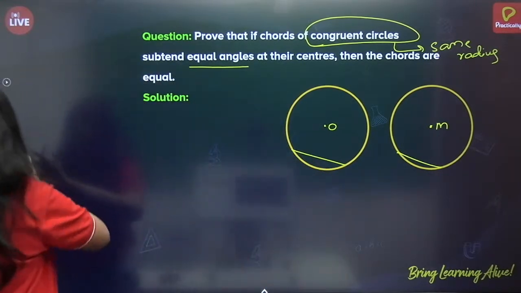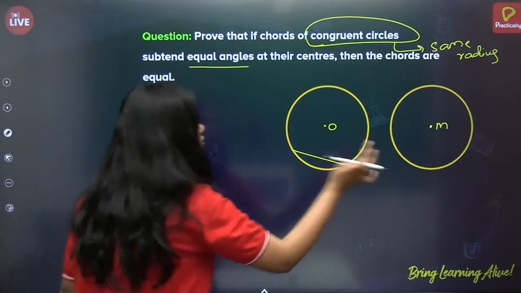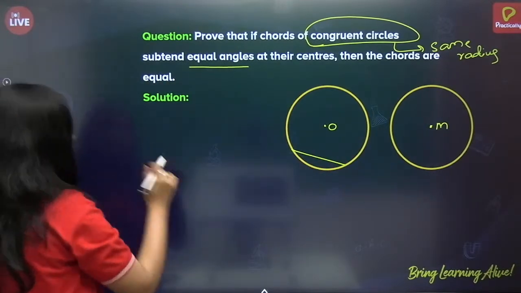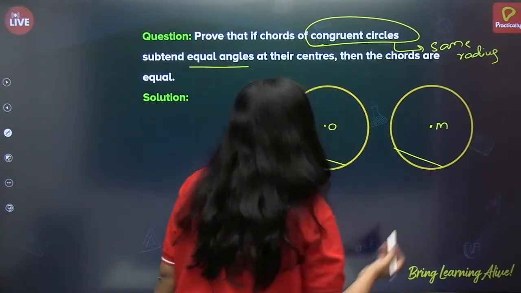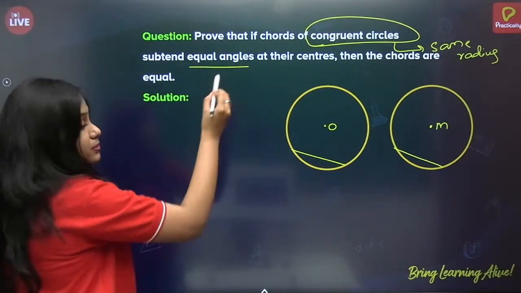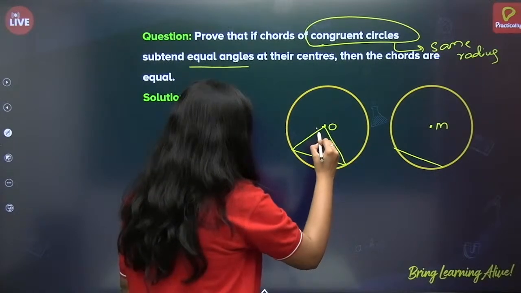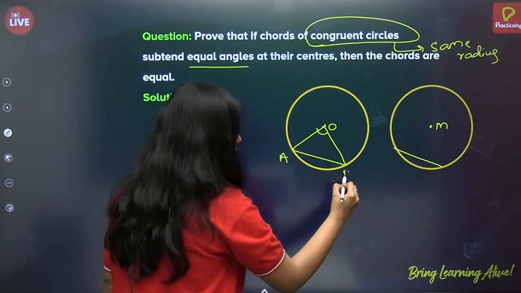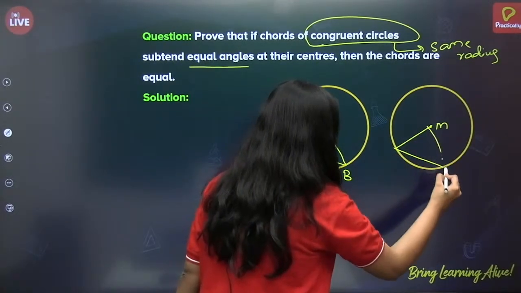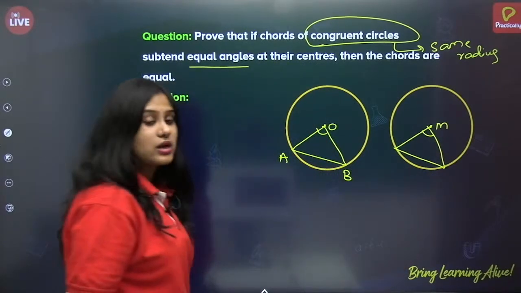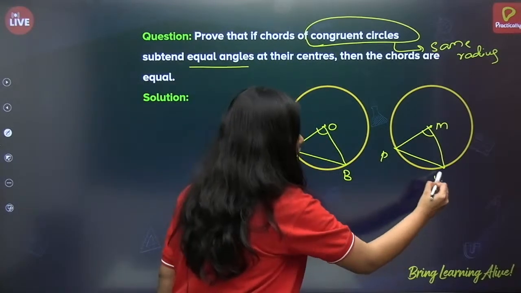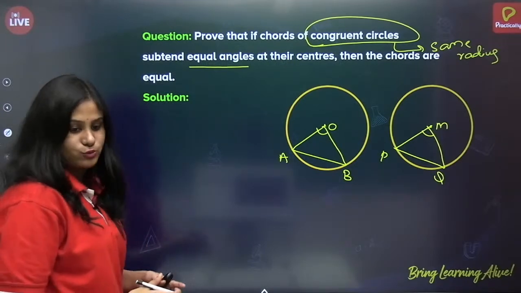Just let me draw this again. Yes. So it is given that they subtend equal angles at the center. So this angle is equal to this angle, right? Now we have to prove that AB is equal to PQ.